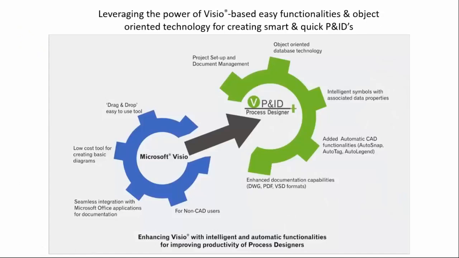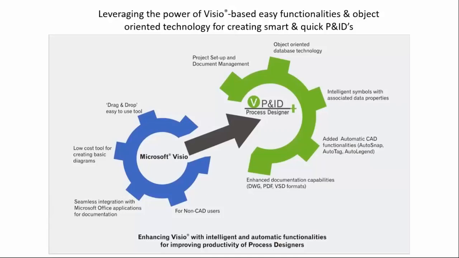So Visio P&ID is a simple tool like Visio, and it has been enhanced to a spec-driven smart P&ID solution. There are a few enhancements which you can see on the screen right now, which includes intelligent process industry symbols as per ISO, NC, DIN and ISA standards.